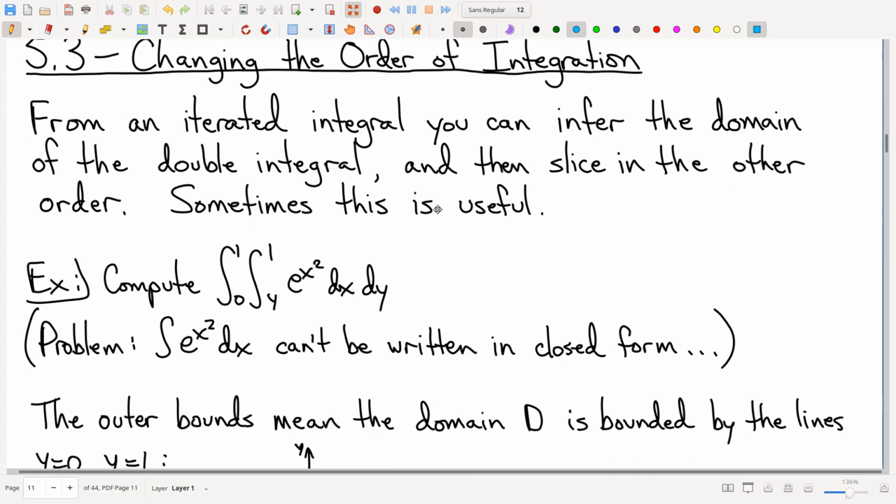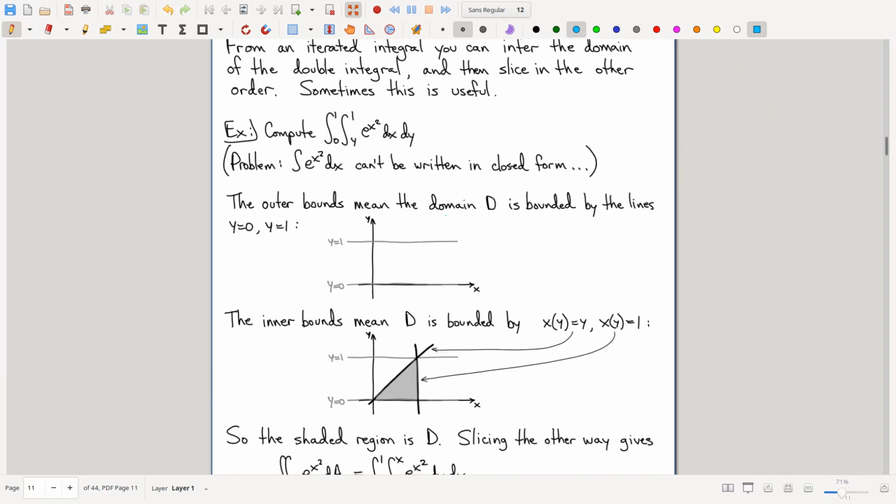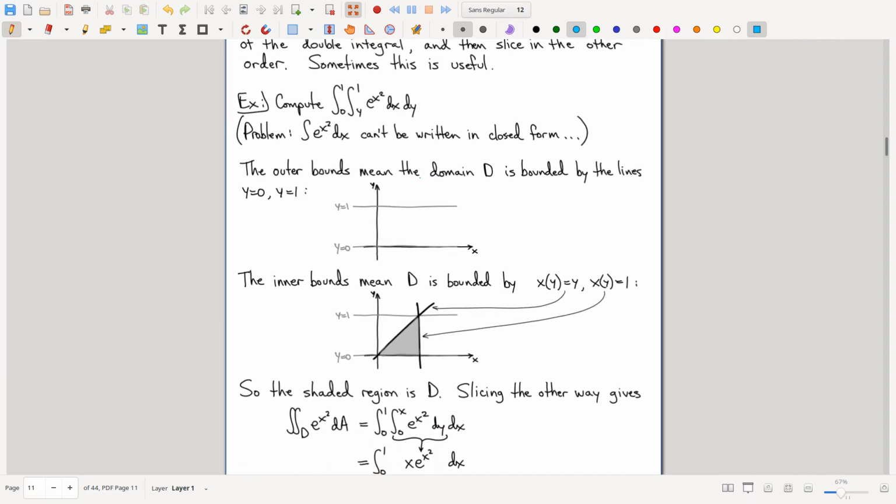So the big idea is that if you are asked to compute an iterated integral, one thing you could do is reverse engineer what the domain was, seemingly working backwards, turning an iterated integral back into a double integral.